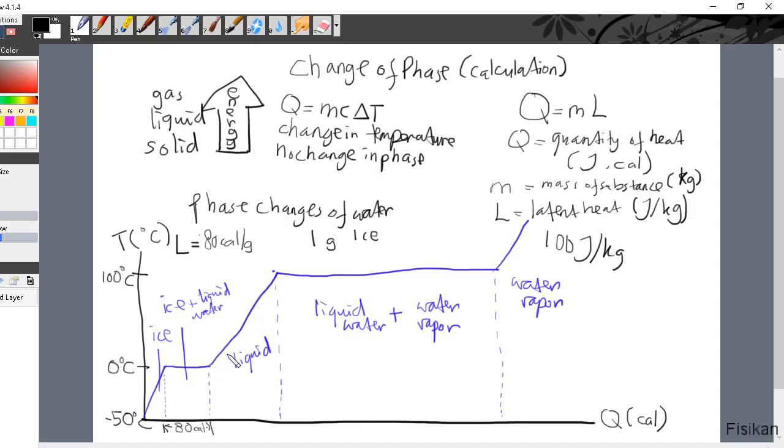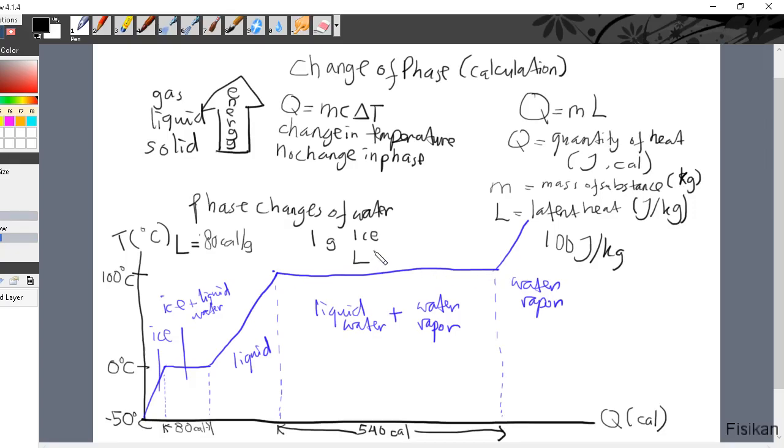And then after all of it becomes liquid water, if you want to calculate the amount of energy needed to raise the temperature of the 1 gram of liquid, you use the formula Q equals mc delta T. And after it reaches the point where the phase change starts, it requires 540 calories for 1 gram of liquid water to change into 1 gram of water vapor.